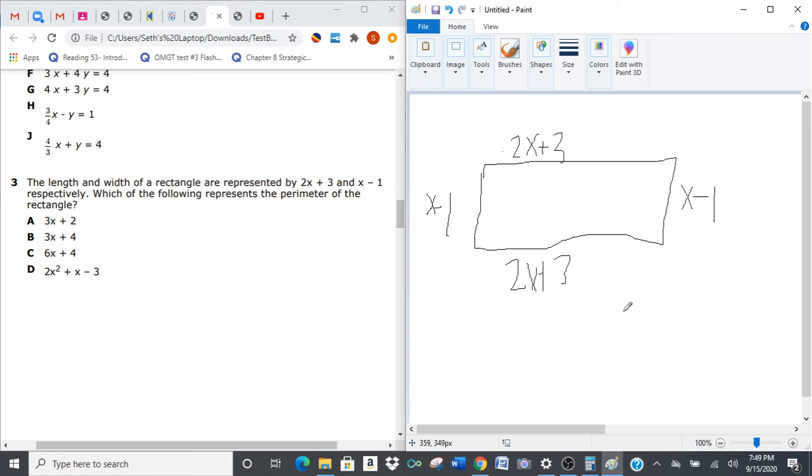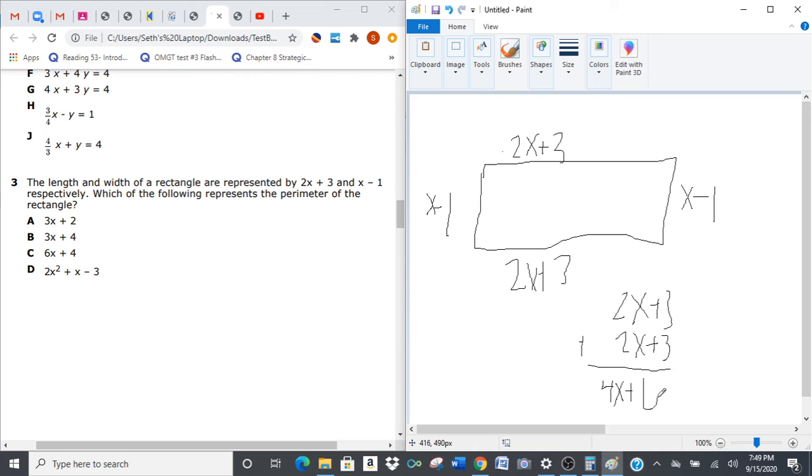So what do we do? We just add them all together. I'm going to do the sides first: 2x plus 3 plus 2x plus 3. Adding them, 2x plus 2x, they're like terms because they both have x's, so that's 4x. 3 plus 3 is 6.